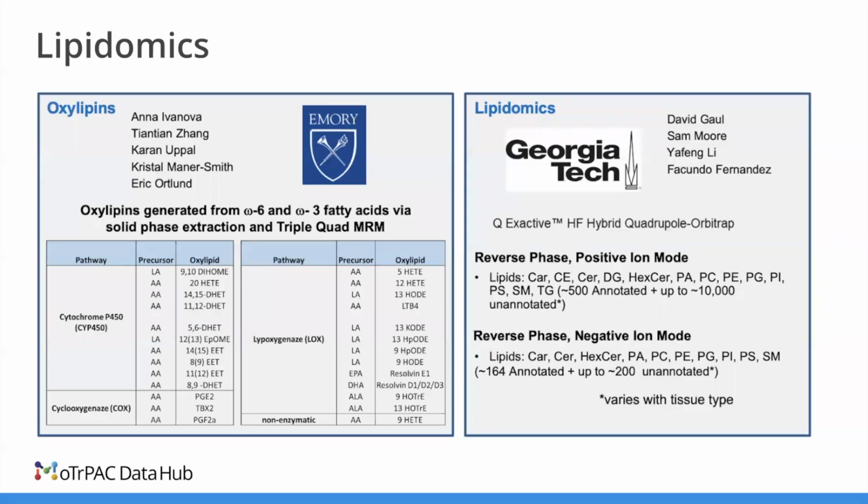Quantification is not absolute, as relative levels of these different lipids are being assessed. You can see that about 500 lipids are annotated, so you'll have names of specific lipids. And then there's up to 10,000 unannotated lipids in this platform that, if you want to dig through that data, it can be done.